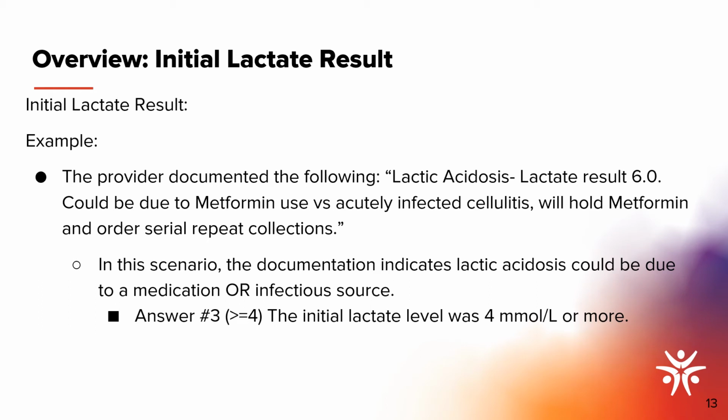We'll hold metformin and order serial repeat collections. In this scenario, the documentation indicates lactic acidosis could be due to a medication or infectious source. We would answer number 3, lactate greater than or equal to 4.0.